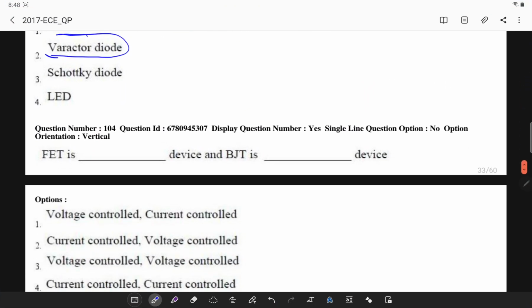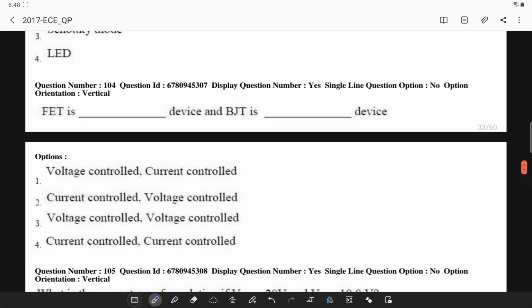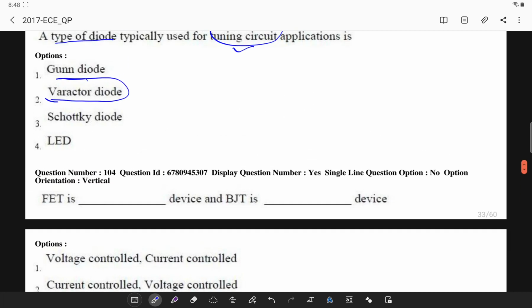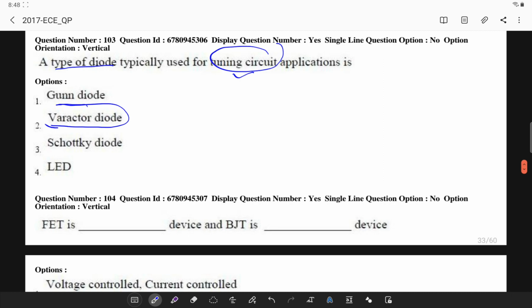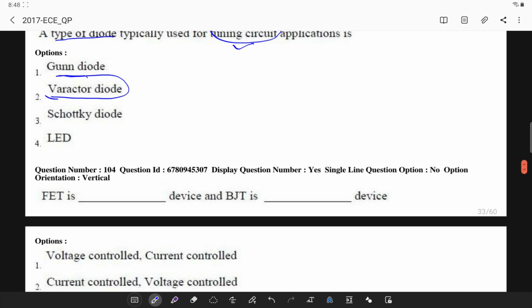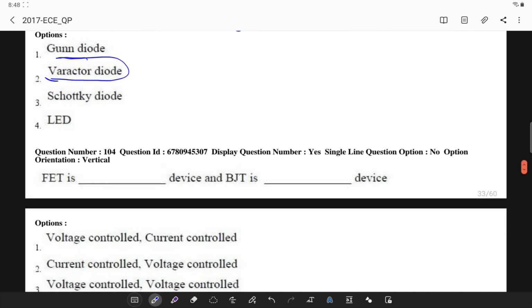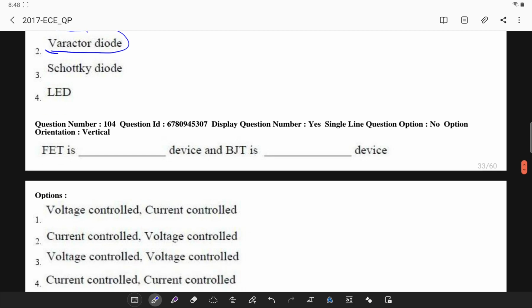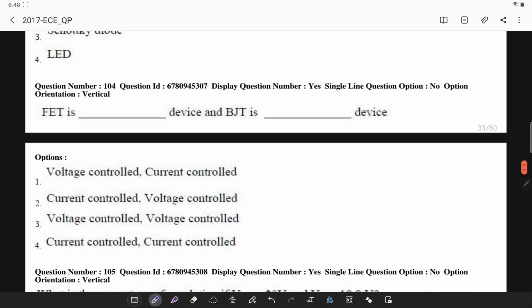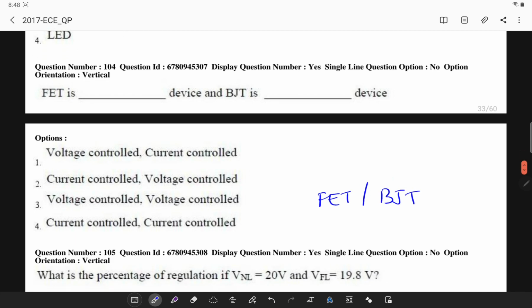The next question is a very standard question, in which many times they will ask for a comparison of FET and BJT. You have to remember a particular table to answer this question.